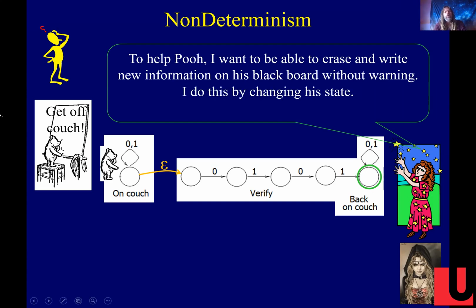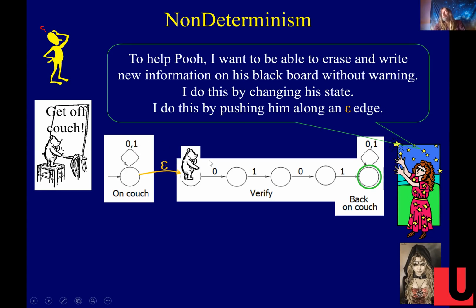And well, we know that the states are only telling you what's on his blackboard. So if the contents of his blackboard changes, then that means he's changing states. And so effectively, she is pushing him from one state to another, right?